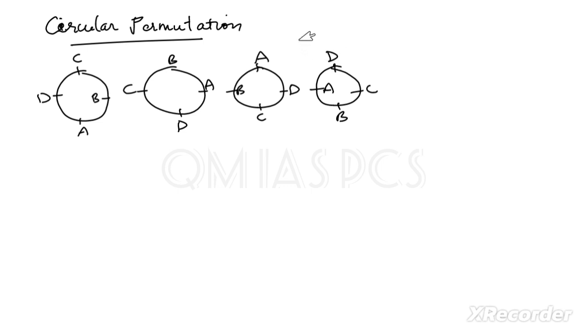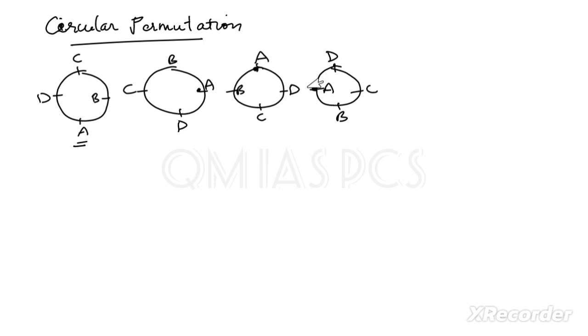But if you select one point as the beginning point, like this is a circular table arrangement, and A, B, C, D are sitting in the chairs, and there is a rotation in the anti-clockwise direction. First A is here, then B, C, D. Then A is shifted to this point in the anti-clockwise direction, then again anti-clockwise, A is here, and again A is here.